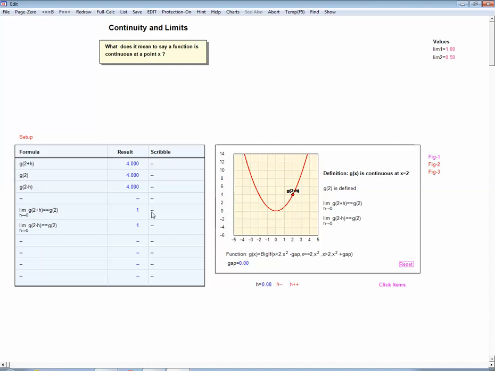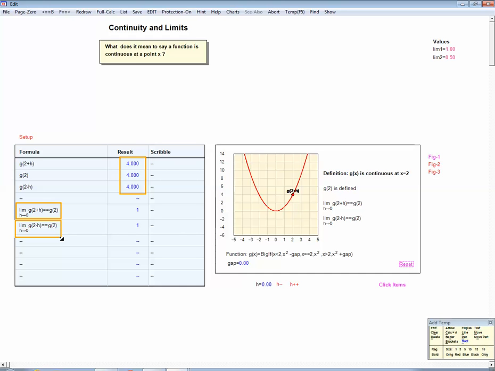Now the function's continuous, and notice over here, our upper limit, our function evaluated at 2, and our lower limit are all the same, or expressing it in a slightly different way, the limit as h goes to 0 from above equals g of 2, and the limit as h goes to 0 from below is g of 2. So these are all expressing the same thing, the fact that this function is continuous.